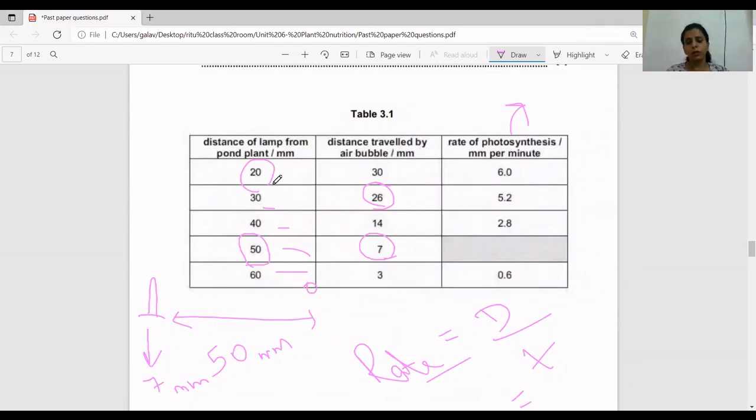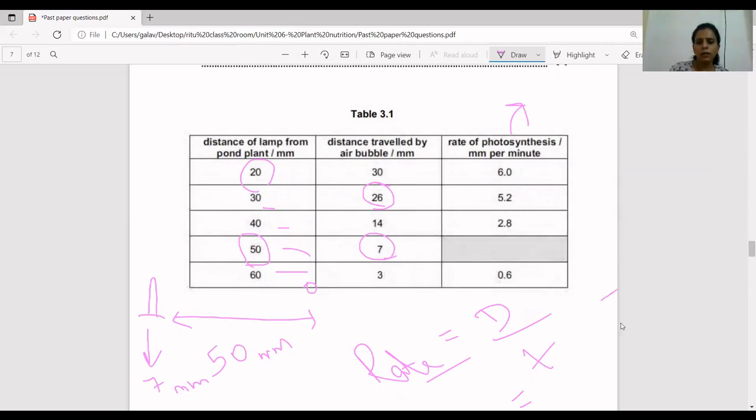This point is important. We are investigating the effect of light intensity on rate of photosynthesis, and in this experiment the rate of photosynthesis can be noticed by the distance traveled by the air bubble. So the distance traveled by the air bubble when the lamp was placed at 50 millimeter was 7 millimeter.